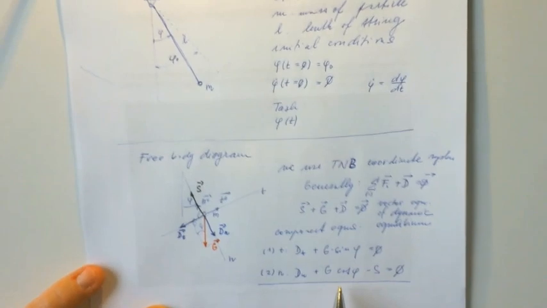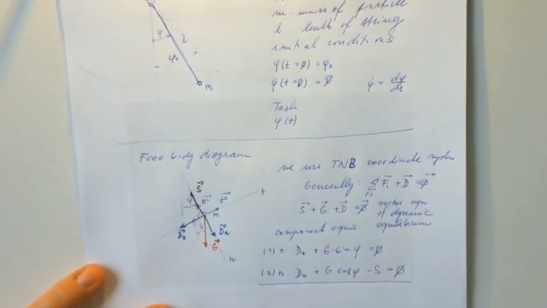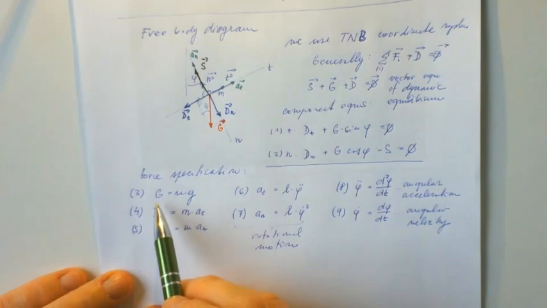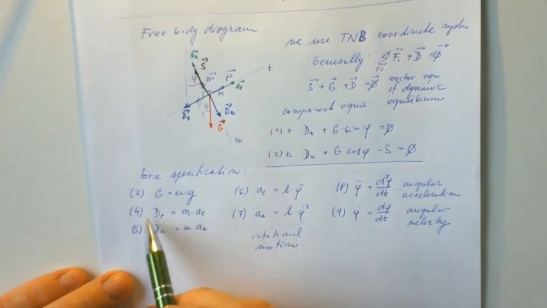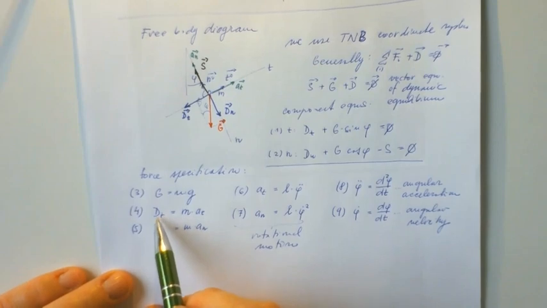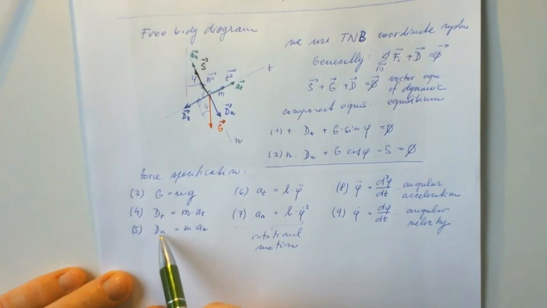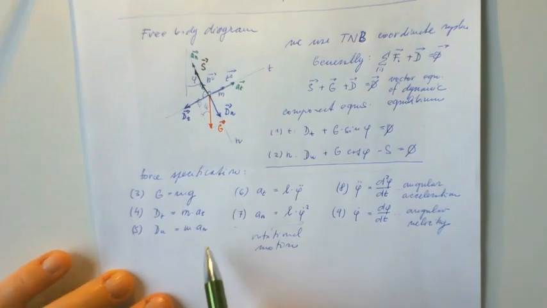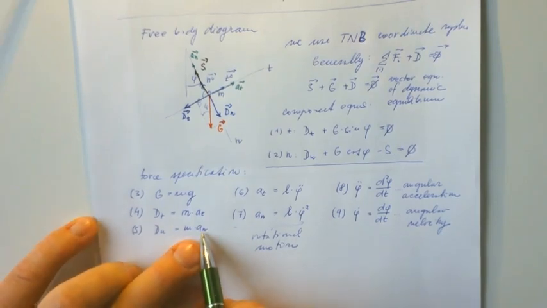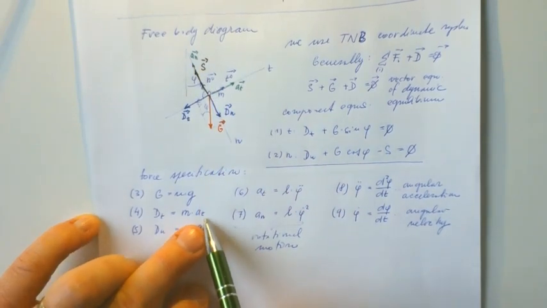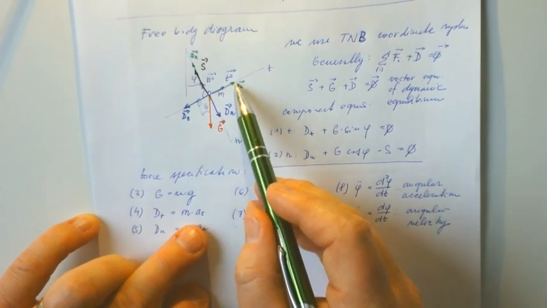So these two equations, let's write for specification. G is m by g. Tangent component of D'Alembert force is m by at, and normal component of D'Alembert force is m by an. Normal acceleration we can draw in this direction, and tangent acceleration in this positive direction.